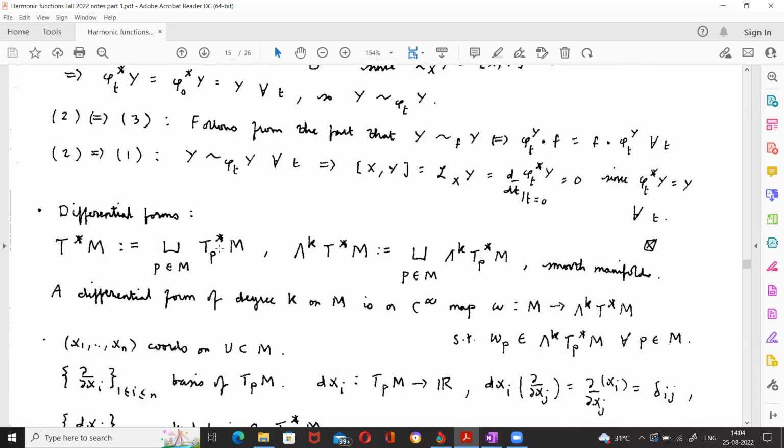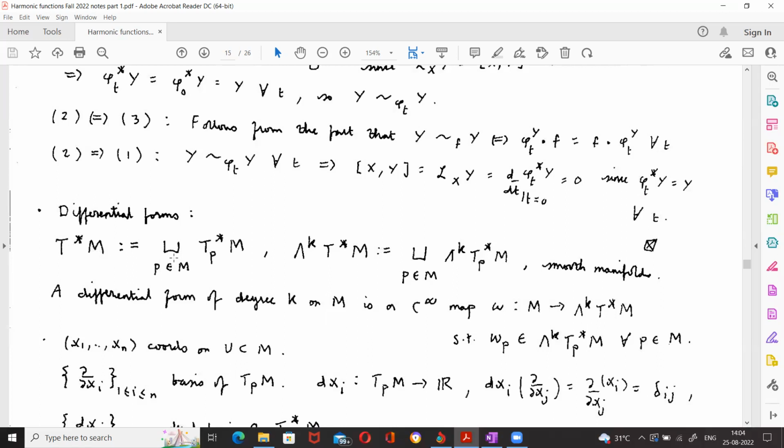And then we can form, like the tangent bundle, which we took to be the disjoint union of all the tangent spaces at points p in M. Similarly, this dual space T_p star M is called the cotangent space at p. And the disjoint union of these cotangent spaces is defined to be the cotangent bundle.